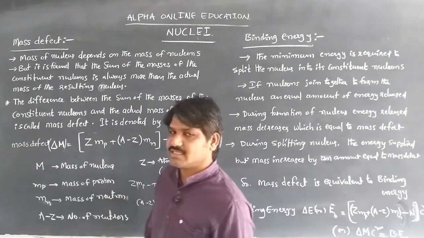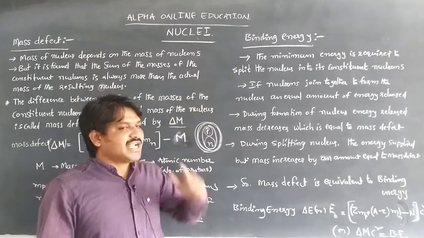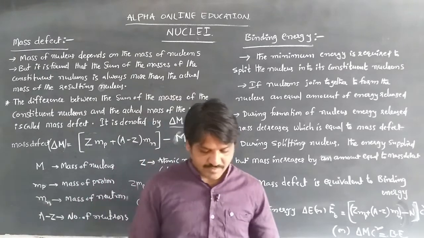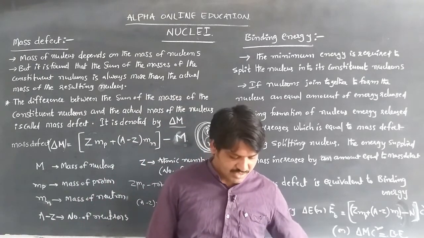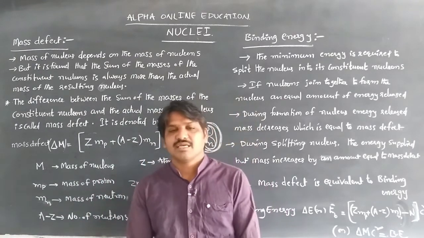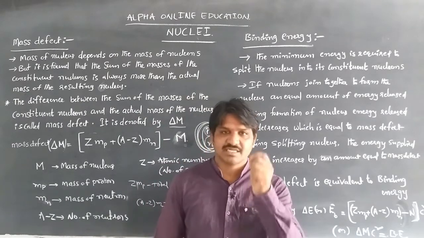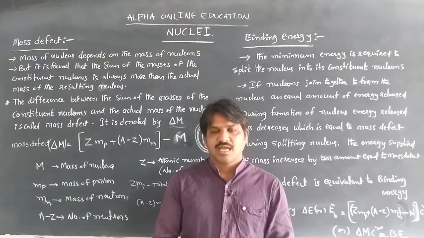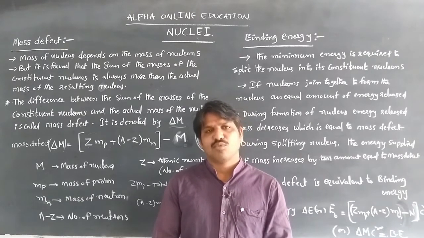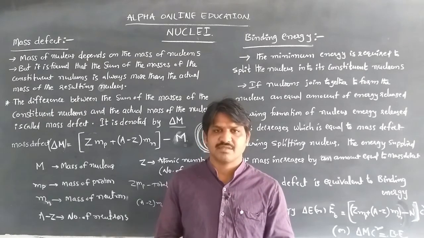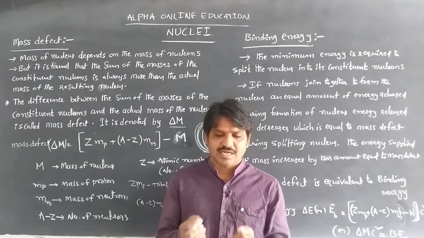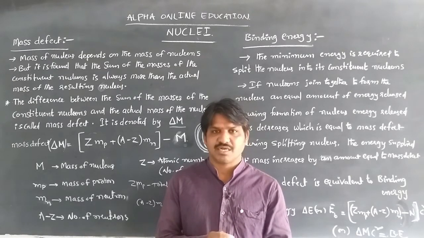The next topic is binding energy. Before discussing binding energy, we know that protons and neutrons are present inside the nucleus. A proton has a positive charge, and with multiple protons, the positive charges cause repulsion between the protons.